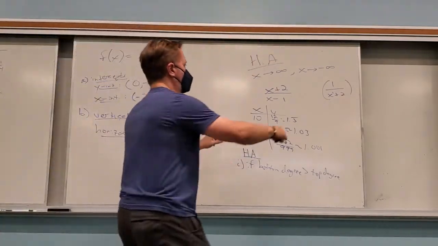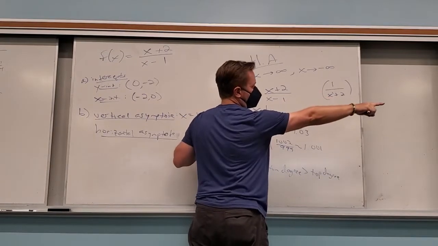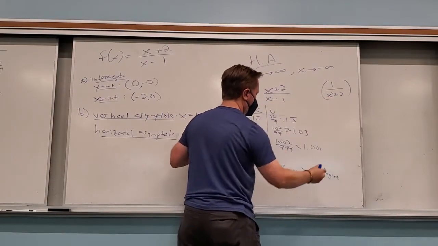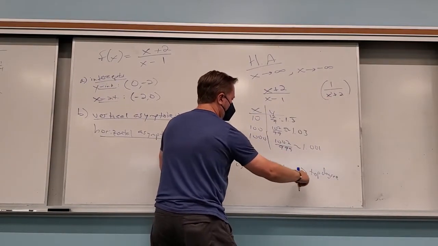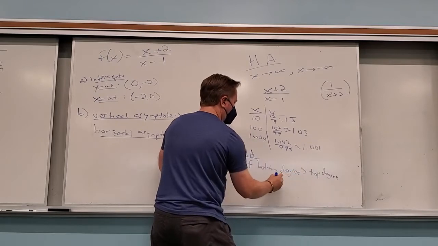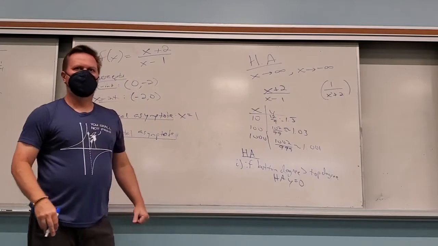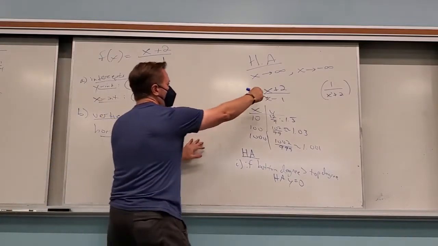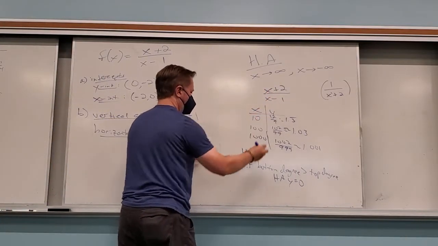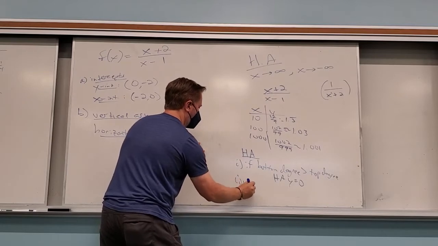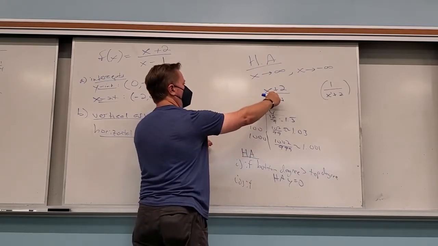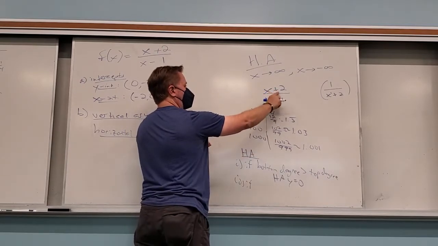The same thing we got when we graphed this over there. We got an asymptote at y equals 0. So if the bottom degree is bigger than the top, the horizontal asymptote is y equals 0. And if the degrees are the same, because here, what's the degree at the top? First degree.